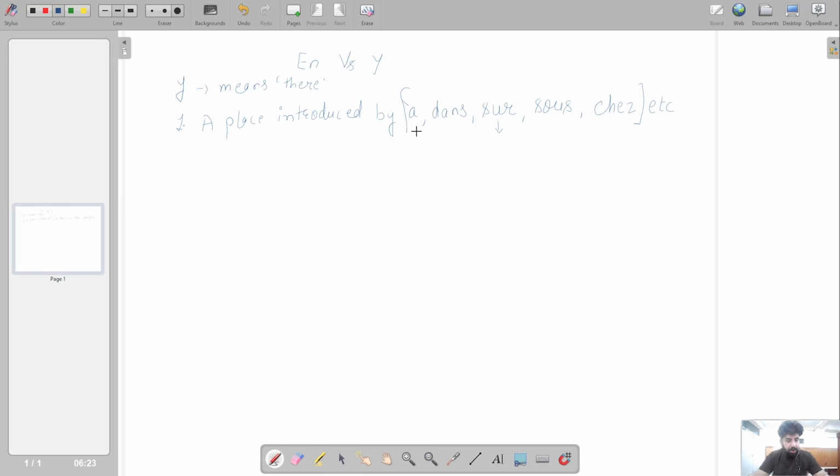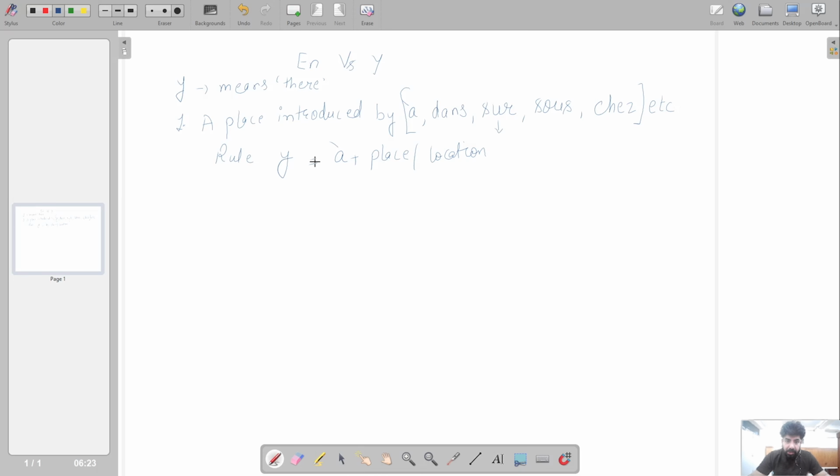So, if a place has been introduced using these words, it simply means there should be a Y. So, the rule for this is it will come like this. Then a place or a location will be talked about in your sentence, and based on that you need to understand that it should be followed by Y.